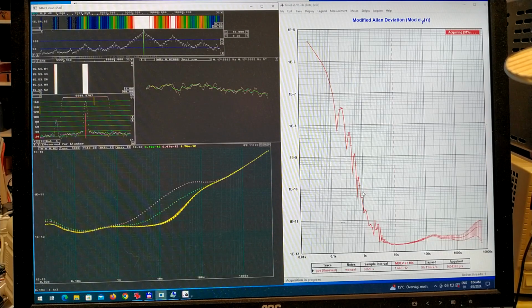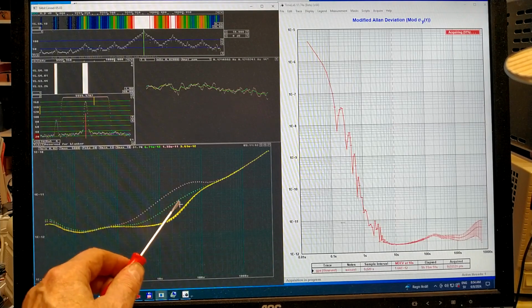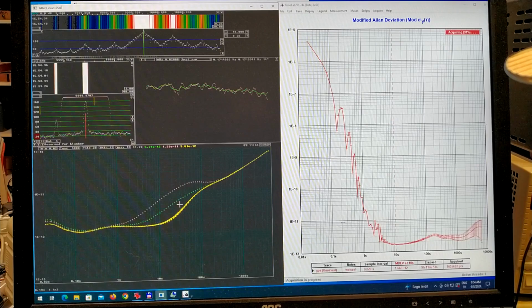There is a problem with the TinyPFA at very short times. This slope upwards here, that is an artifact of the measurement system, I think. Anyway, at 30 seconds Linrad is no longer correct, probably because these two traces are correlated.